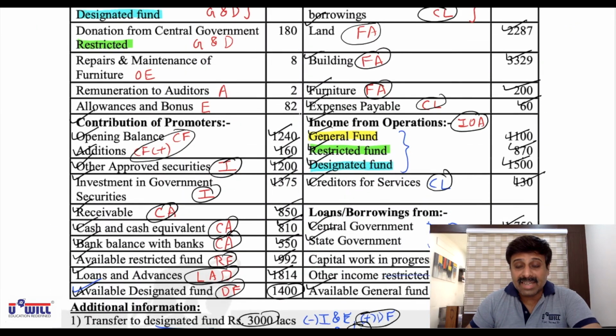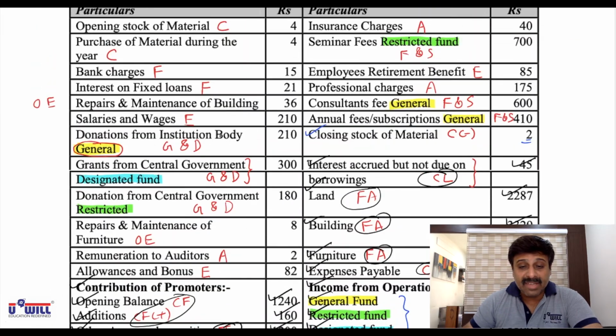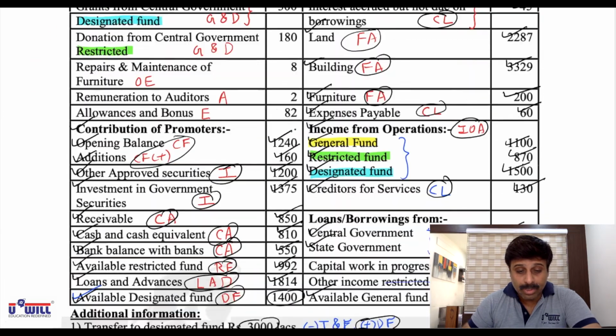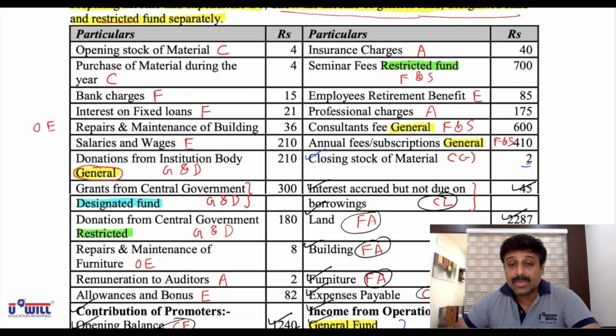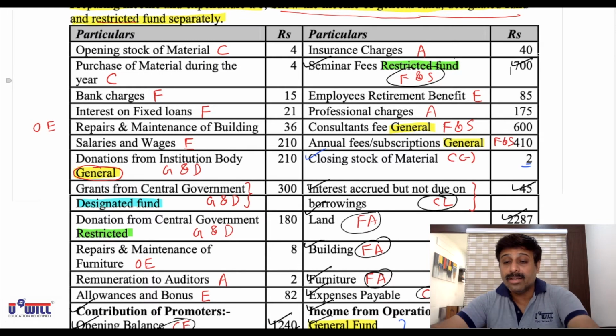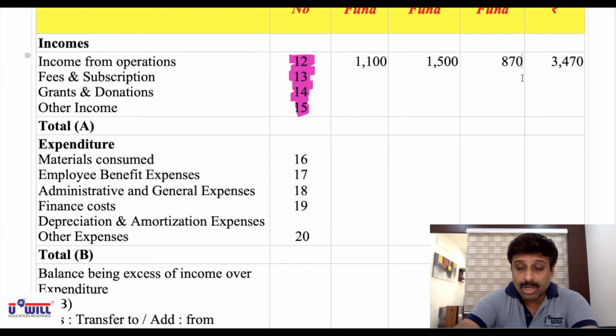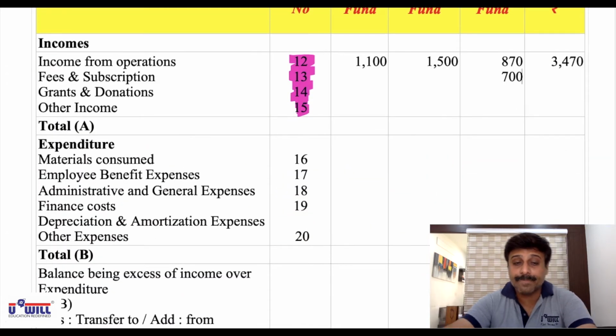Fees and subscriptions. F&S marked items. Let us see. F&S marked items. Left side, F&S. We don't have right side. This one. Seminar fees is there, F&S, but it is related to restricted fund. So in restricted fund column, you all write 700. Last column, restricted fund 700. Okay.